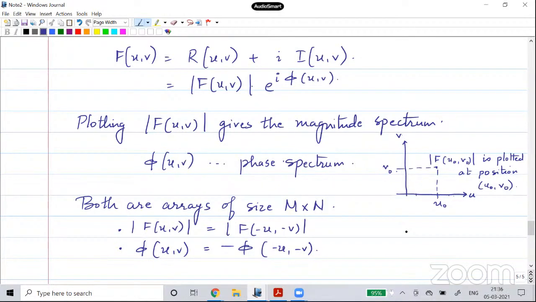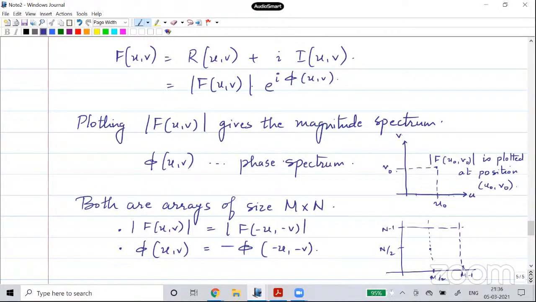So when the plot is made, suppose this is m-1, n-1, and the plot is in this region, and F(0,0) is plotted here at m/2, n/2.